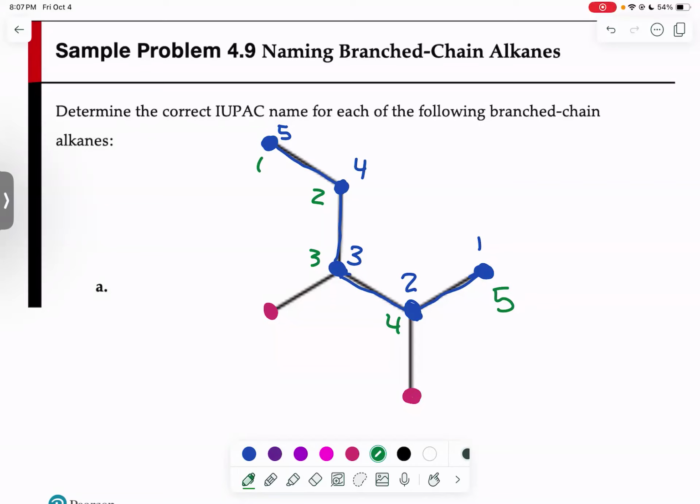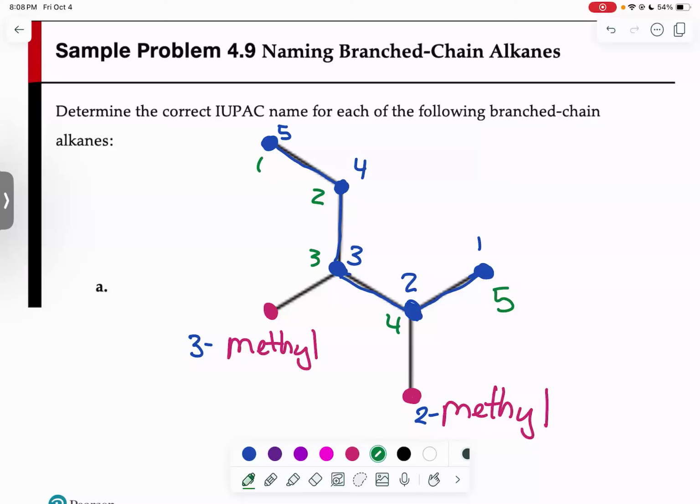So with the blue numbers, I have 2 methyl groups. So I have a methyl and a methyl. Okay, so if I go with the blue numbers, this would be a 3 methyl and a 2 methyl.